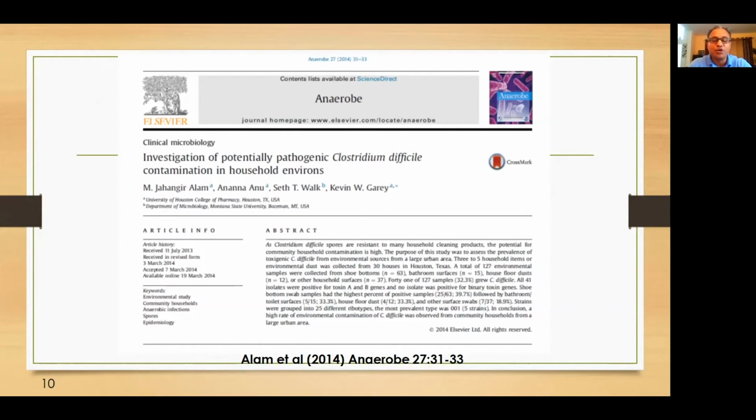Therefore, we collected environmental samples like shoe bottom swabs, floor swabs, restroom and toilet swabs, kitchen counter swabs, and even household dust to see the prevalence of toxigenic C difficile in our house environment.